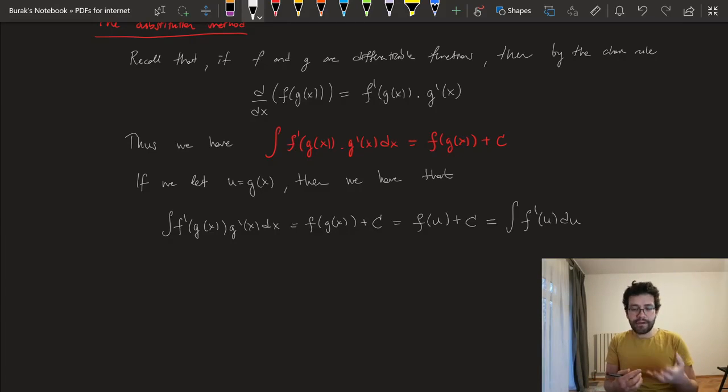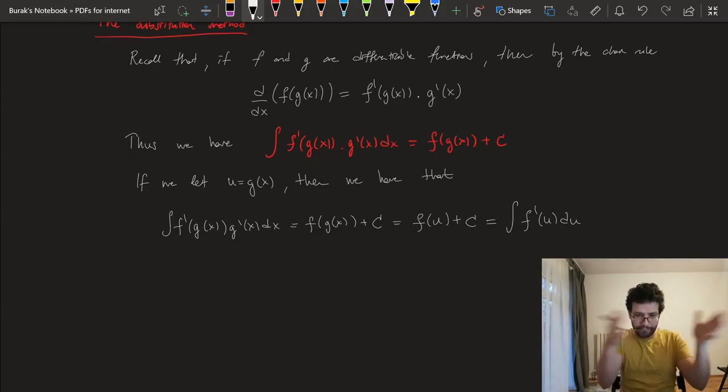But pretend that my u were not an independent variable, but it's g of x for some differentiable function g, then this would be f of g of x plus c. This function f composition g is an antiderivative for f prime of g of x times g prime of x, with respect to x.